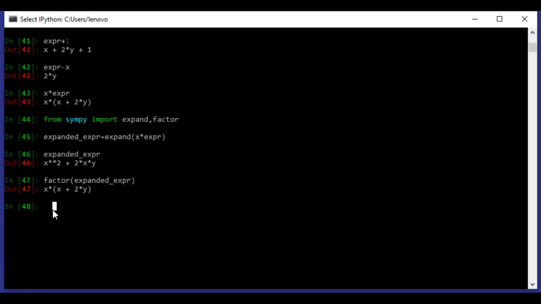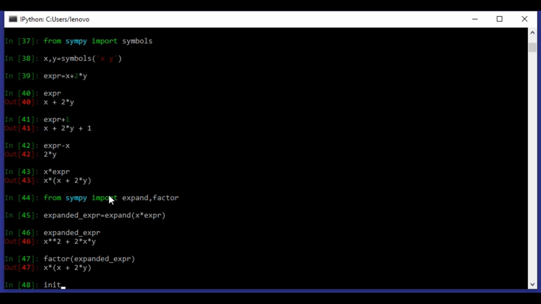For that we can try init underscore printing, then in brackets use underscore Unicode equal to true.